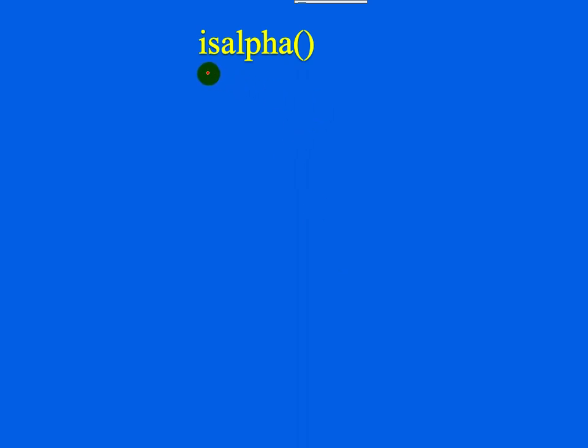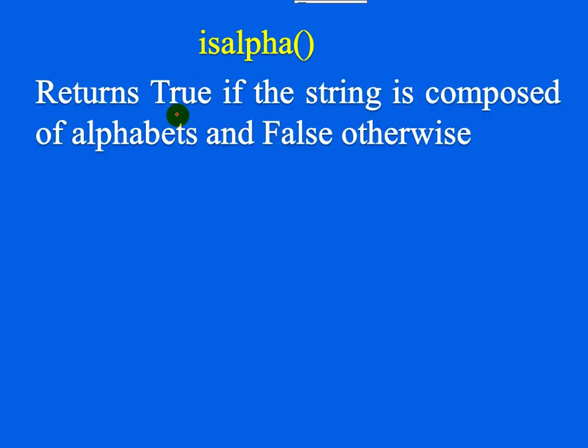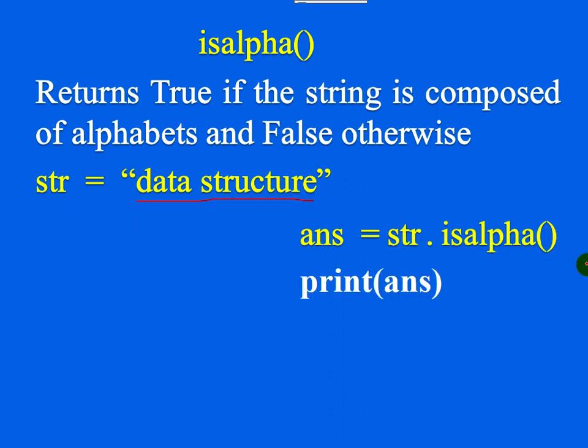Now another important function is isalpha. There is a built-in function by the name isalpha. It returns true if the string is composed of only alphabets and false otherwise. Example, let me write str equals data structure. If I write str dot isalpha, what answer does the function return?